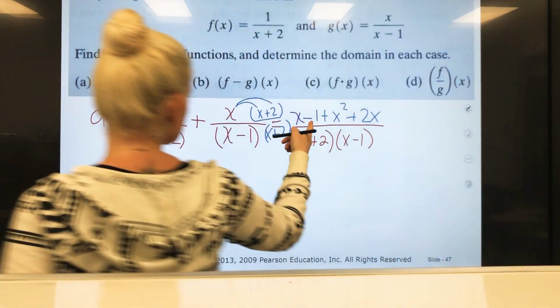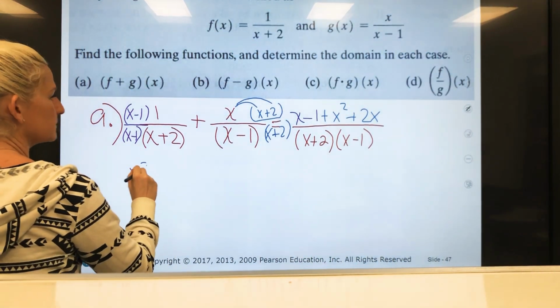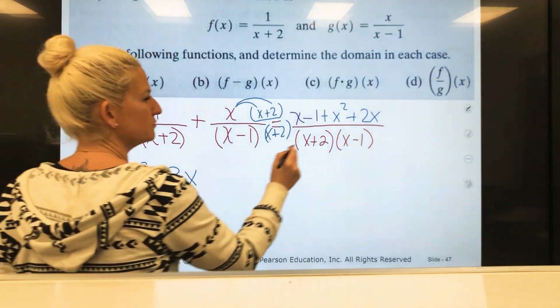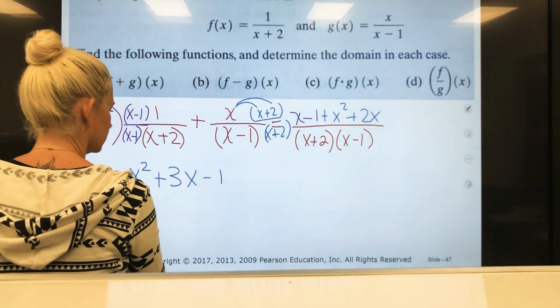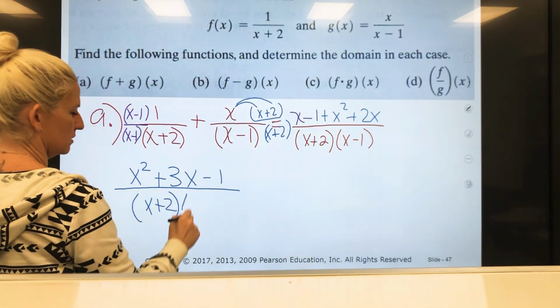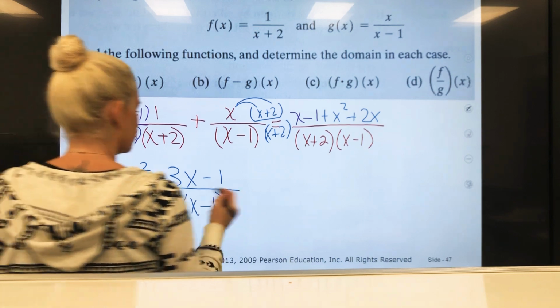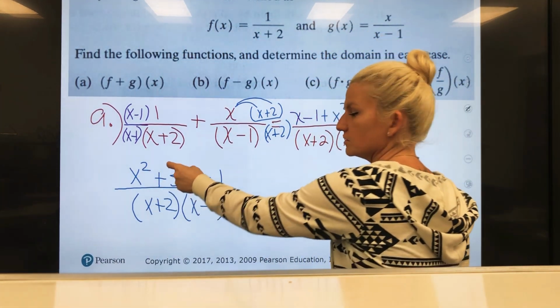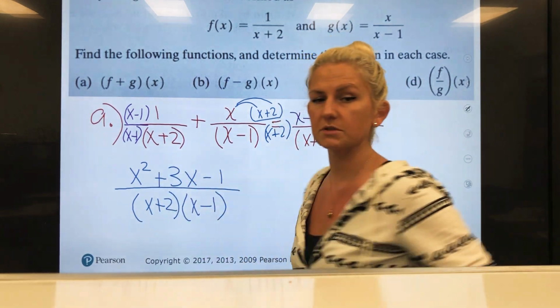What does that give me at the numerator? I have x squared, 2x plus 1x is 3x, and then minus 1, over x plus 2 times x minus 1.